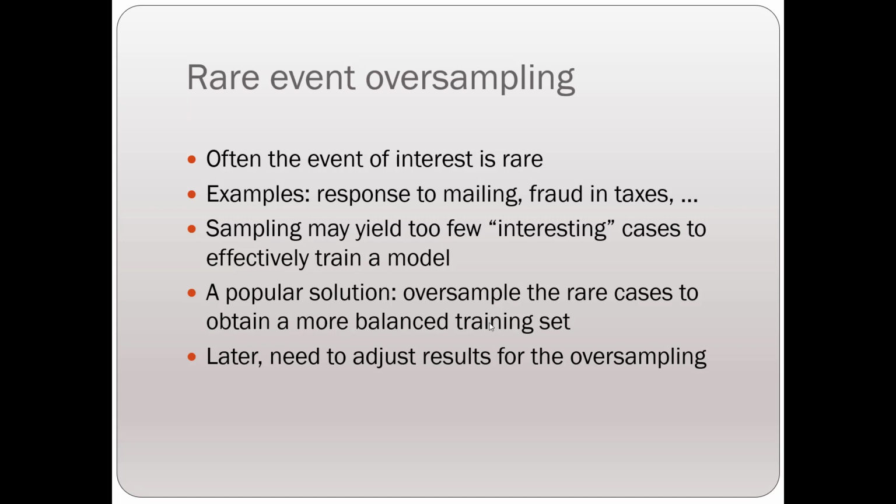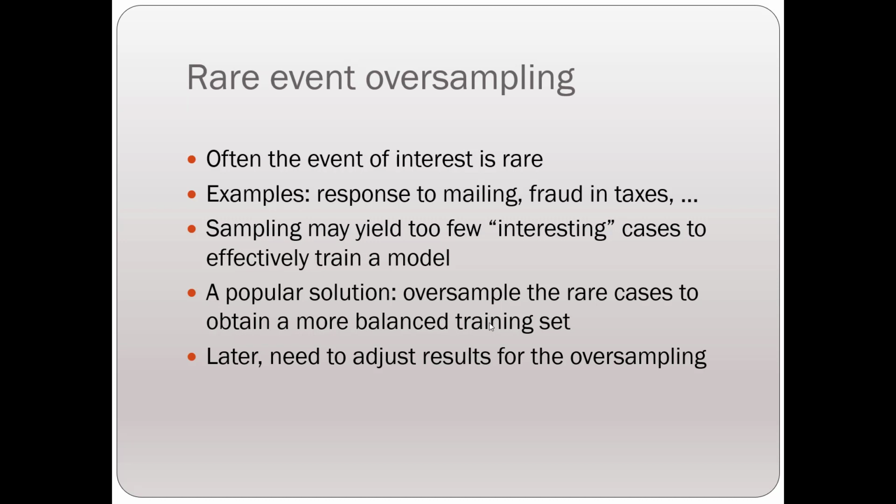You want to be able to figure out which claims are fraudulent. But usually 99.9% of the claims are genuine. There are only very few claims which are fraudulent. So that is what is called a rare event.